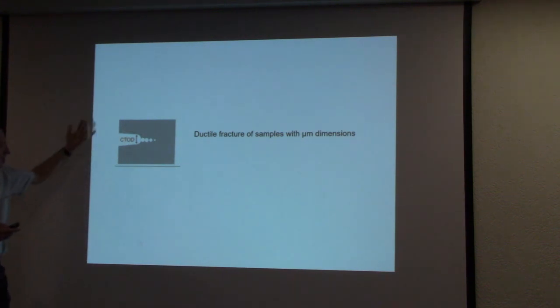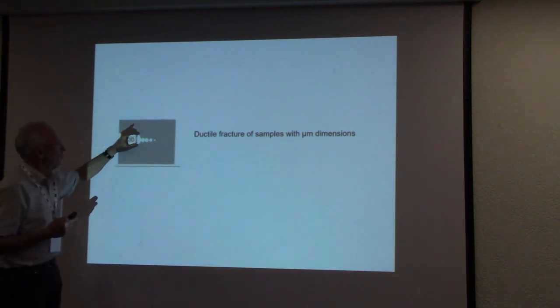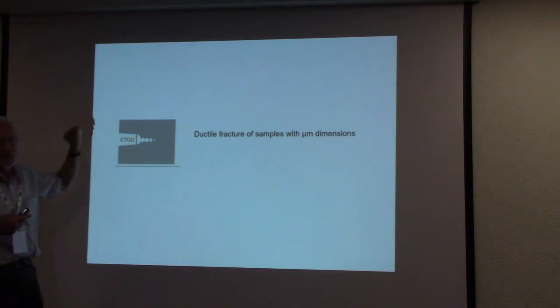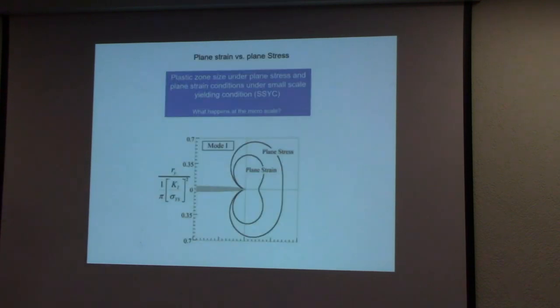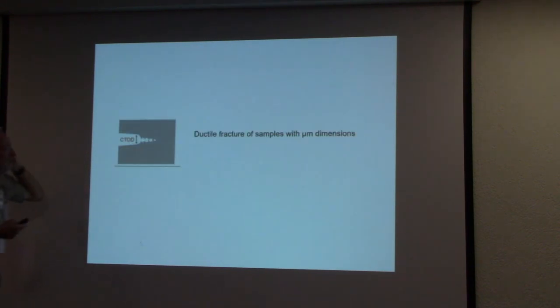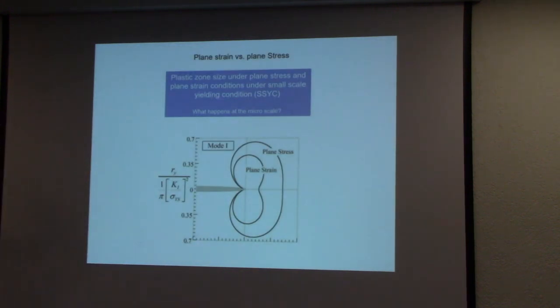So ductile fracture, from our materials science point of view, is the generation of pores, the growth of pores, and finally the coalescence of the blunted crack with the pore. Yes, that's ductile fracture. And when we talk about ductile fracture, we always have the discussion, what is the stress state in front of the crack?